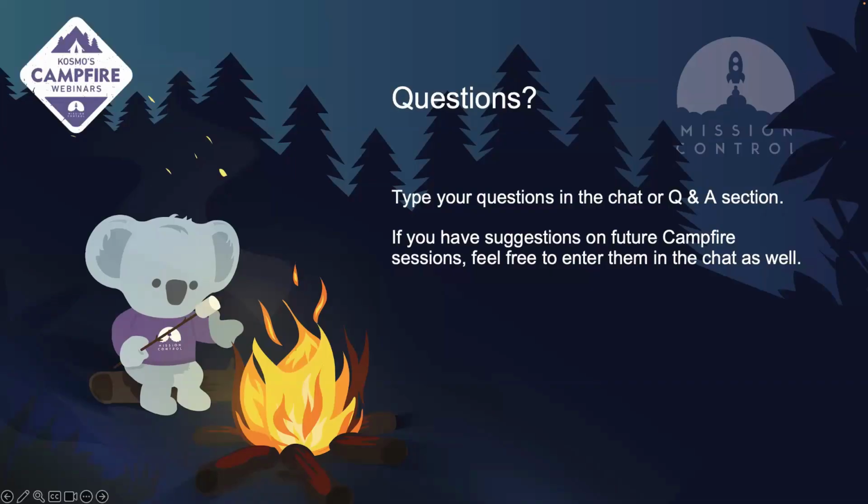Maybe you were looking at the resource assignment wizard earlier and you still want to go further in depth on how to use it, or maybe there's the checklist item manager or other features that you saw as we were going through our call today, or various ways that you could create list views or other things that we can look at. Then you can enter your suggestions on what we should cover on our next Cosmo Campfires. I'm just going to give you guys 30 more seconds to submit that, and then I'll end that poll, and then we'll end our call.